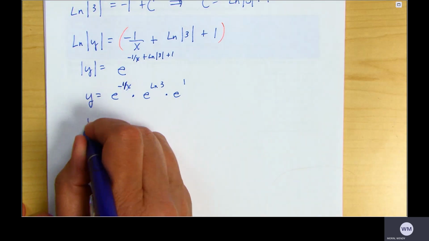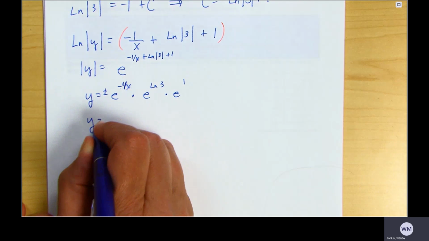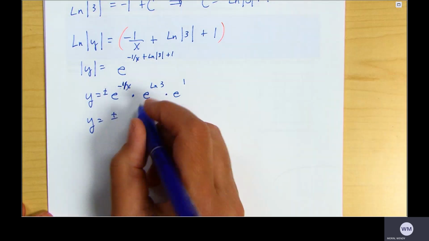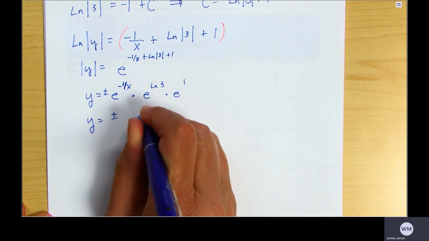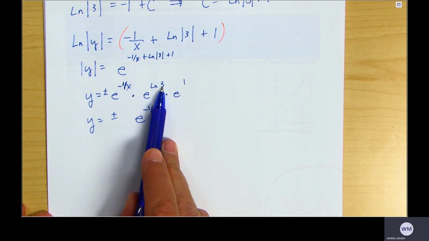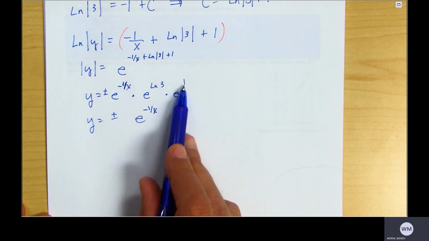Okay? So, and this should be plus or minus, because it's absolute value. Okay, so we have e to the negative 1 over x, which is just e to the negative 1 over x. What is e to the natural log of 3? Well, again, that's just 3. And what is e to the first?